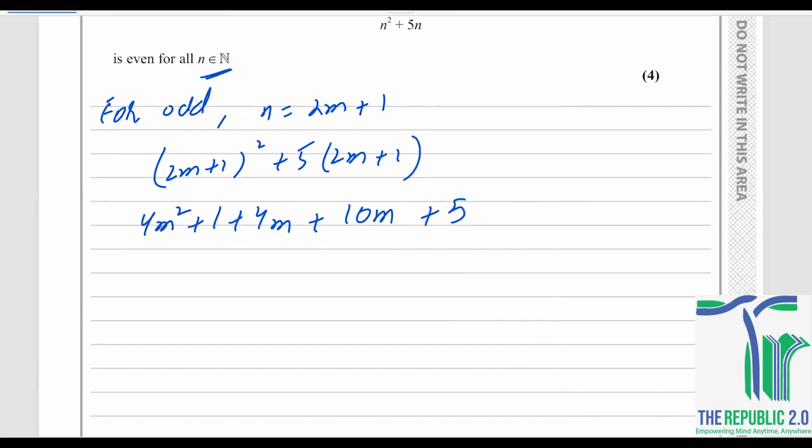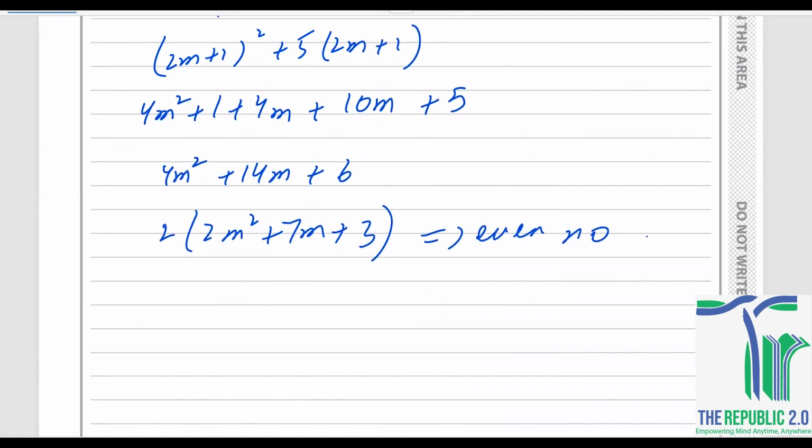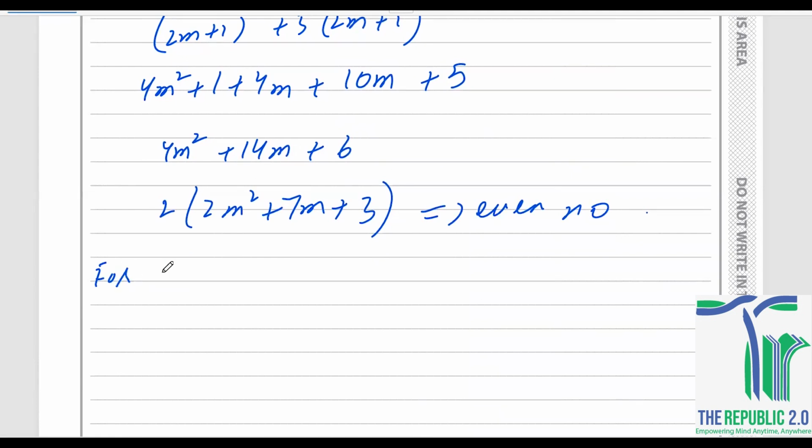By sorting it out, I would be having 4m square plus 14m plus 6, which is basically 2 times (2m square plus 7m plus 3), which is an even number because it is a multiple of 2. Now, for the other natural number, for even, you need to assume that n is going to be 2m, right?